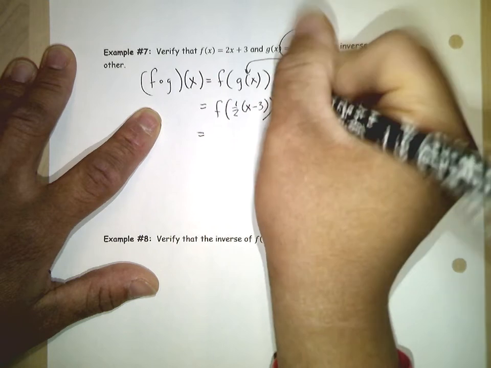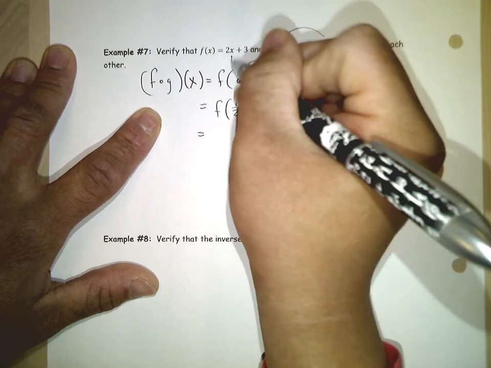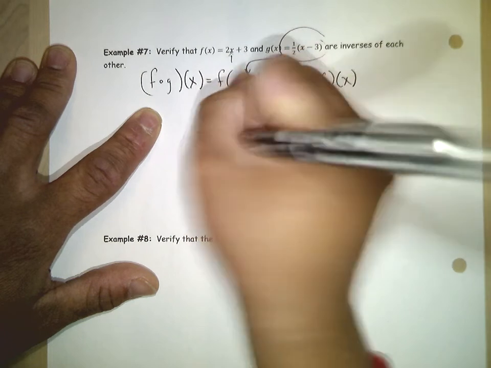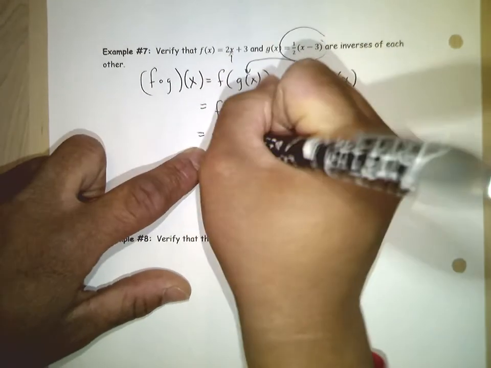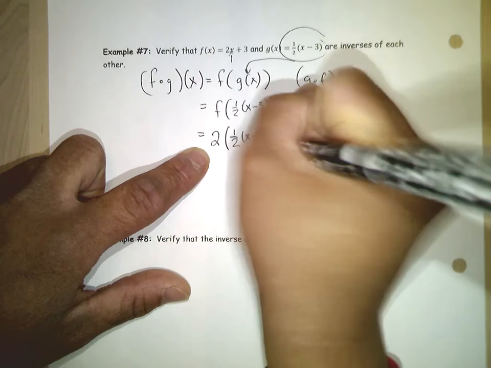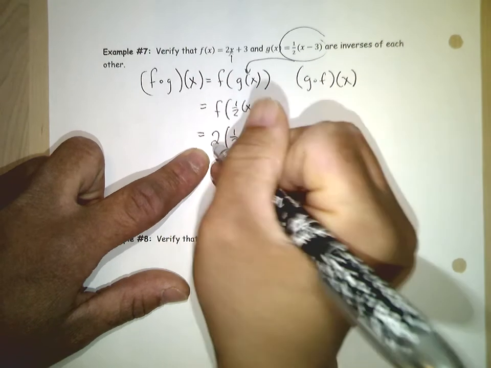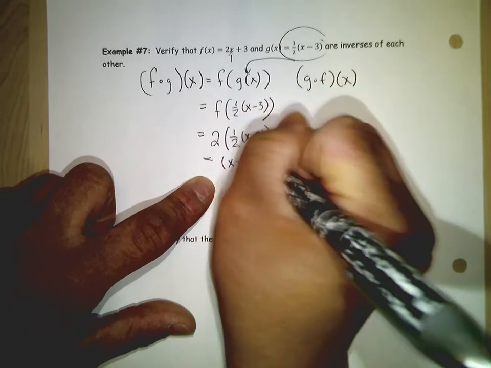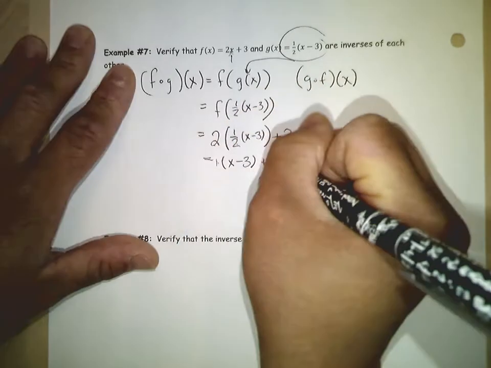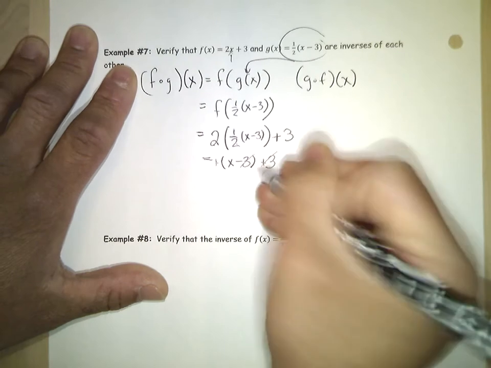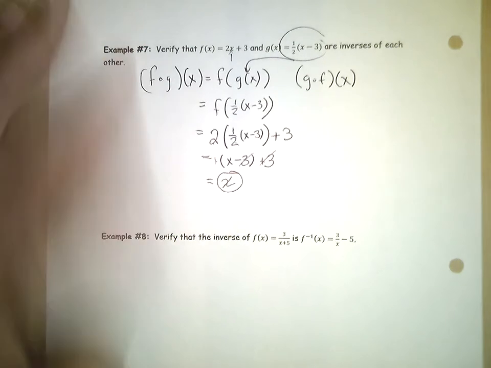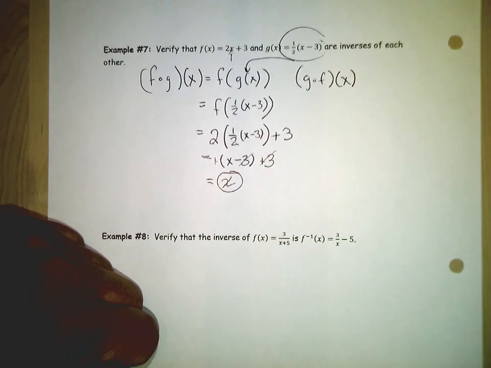I'll substitute that again into f. So I'll put this in parentheses as 2 times 1/2 x minus 3 plus 3. 2 times 1/2 is 1. So I just have x minus 3, or 1 times x minus 3 plus 3. Negative 3 plus 3, 0 out, and I'm left with x, which is what I'm supposed to get if these are indeed inverses of each other.